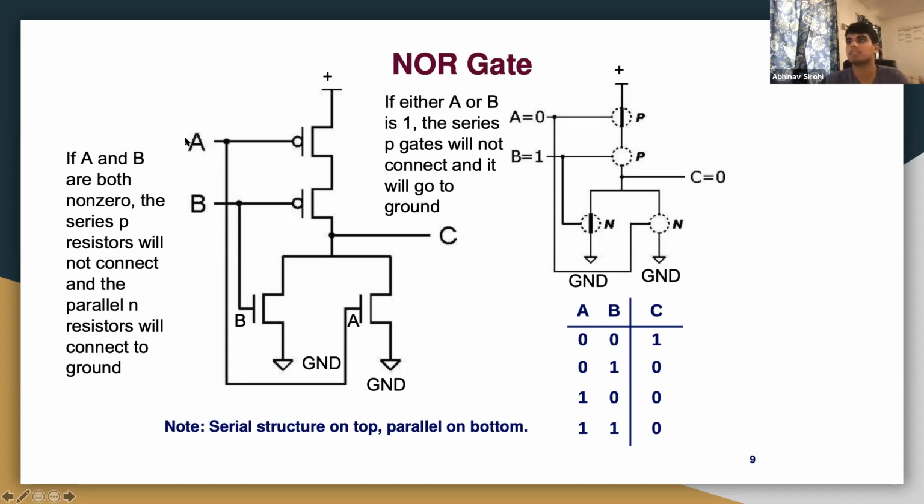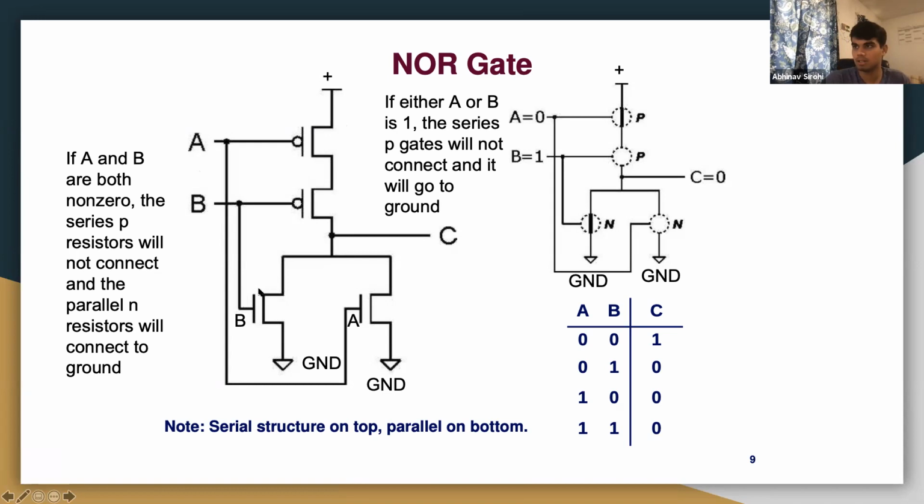Let's say both of these inputs are 1, then neither of these gates will be closed, right? Because these are P-type gates, these will only be closed when the voltage is 0. But if we're given both 1s, these will stay open, so we won't get a positive return.